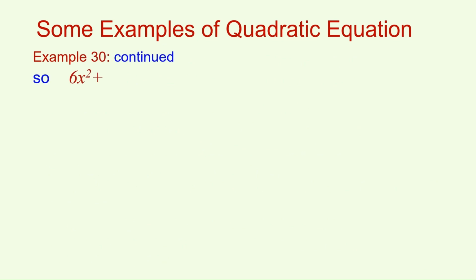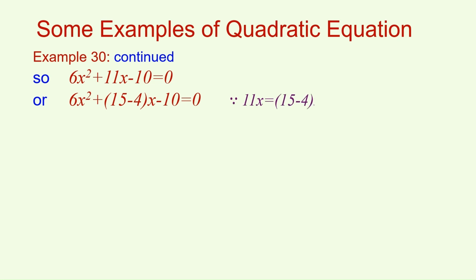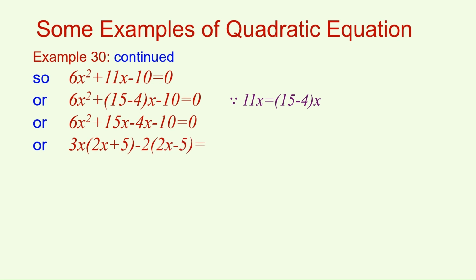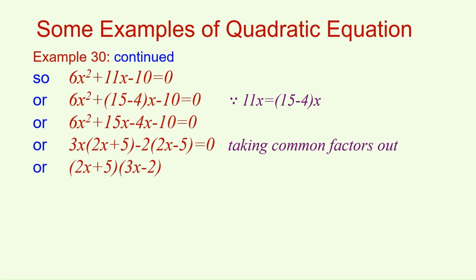So 6x squared plus 11x minus 10 equals 0, or 6x squared plus 15x minus 4x minus 10 equals 0, since 11x is 15x minus 4x. Or 3x(2x plus 5) minus 2(2x plus 5) equals 0, taking common factors out.